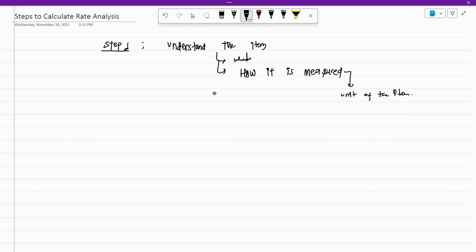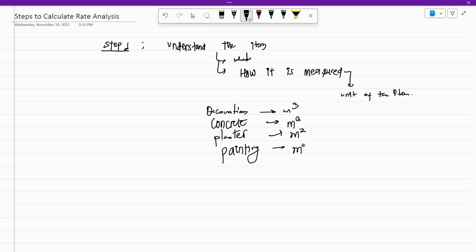For example, for excavation work, the unit is meter cube. For concrete work, concrete PCC, RCC, it's meter cube. But for the plaster, it's meter square, right? And for painting also, it's meter square.